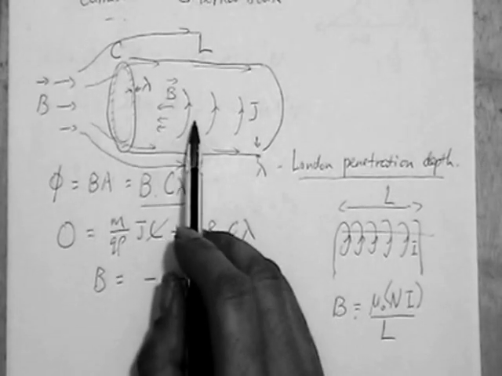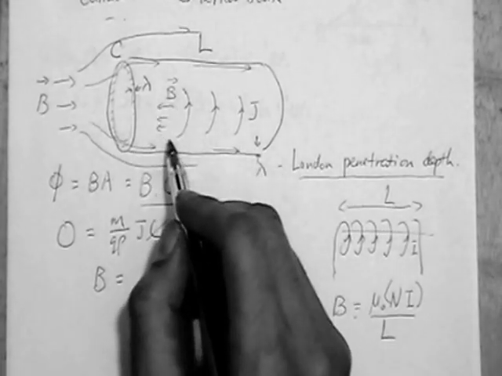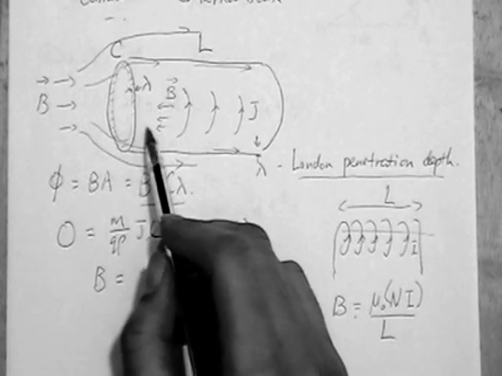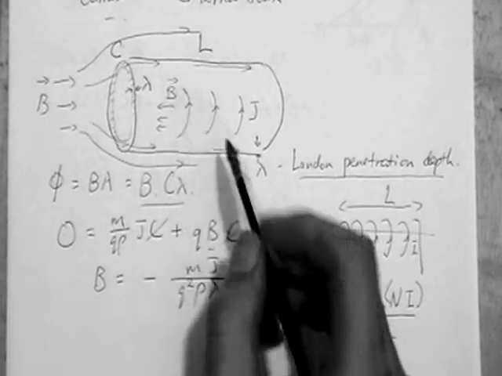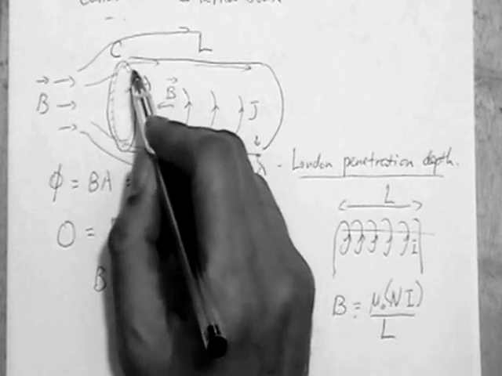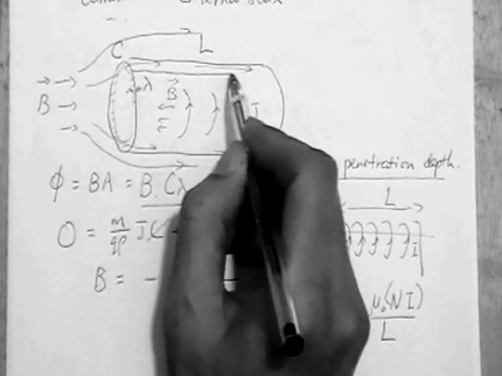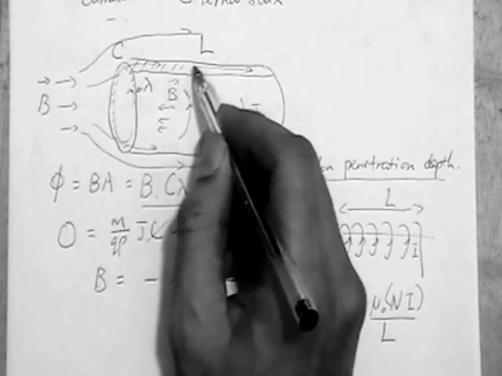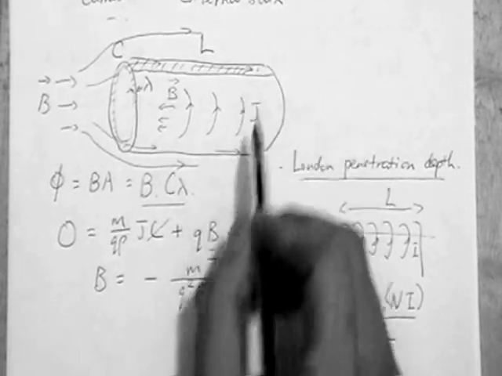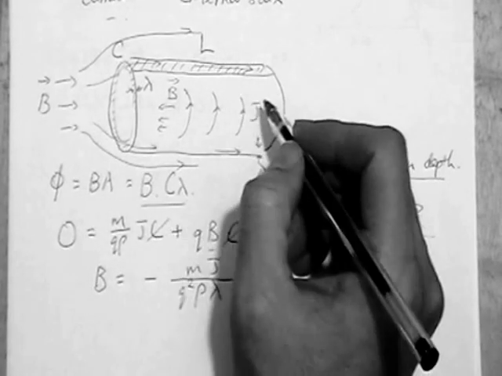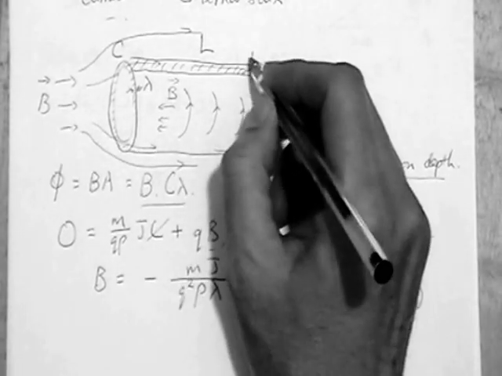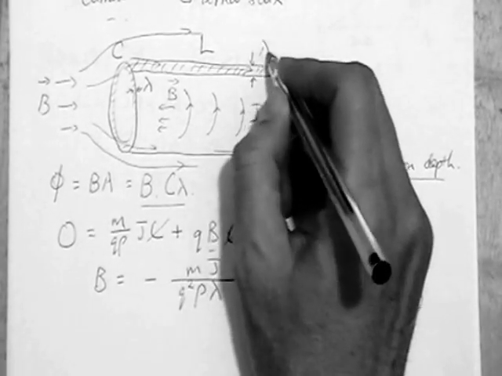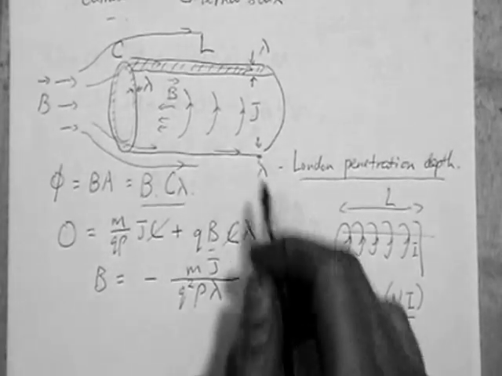Now in this case, I can think of a corresponding total current that flows around the surface by considering, say, a cross section of this current sheet that goes around. That would be a section like that, and that would have a length L and a thickness lambda.